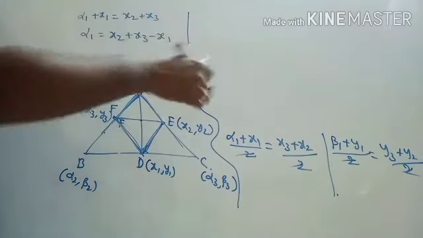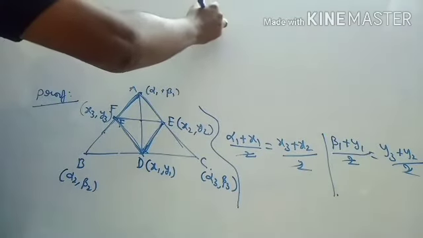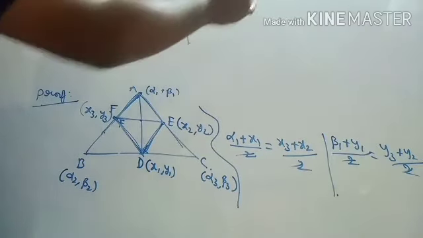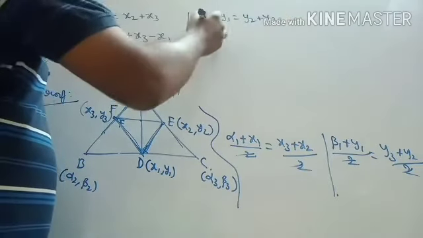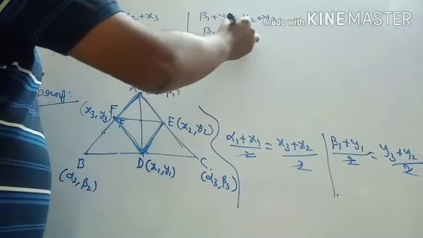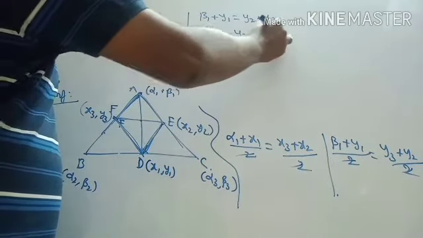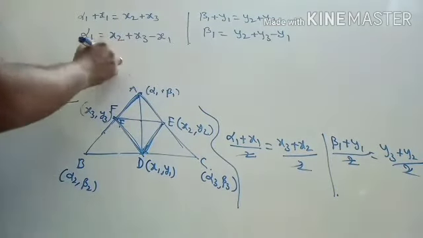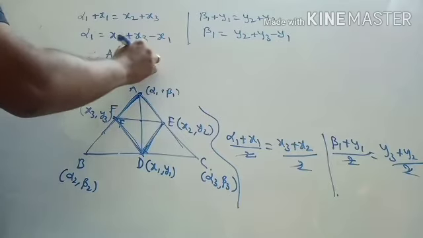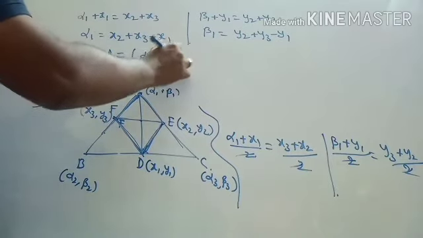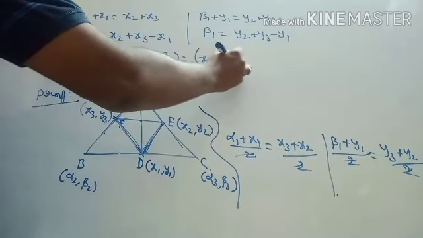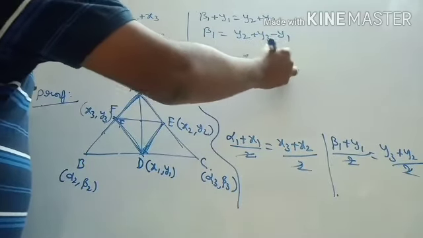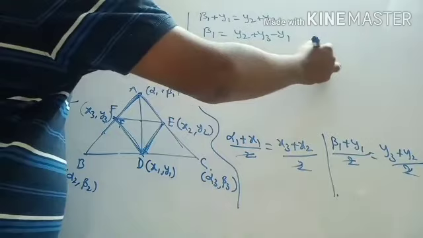Similarly, equate the other one: beta 1 + y1 = y2 + y3, so beta 1 = y2 + y3 - y1. Therefore the vertex A, that is (alpha 1, beta 1), is (x2 + x3 - x1, y2 + y3 - y1).